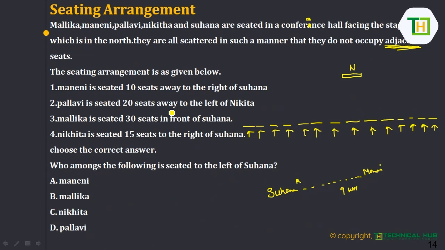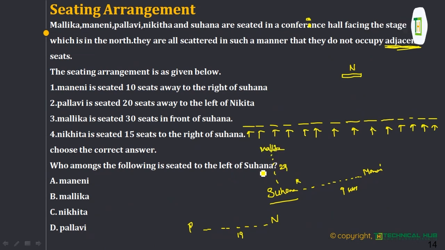Pallavi is seated 20 seats away to the left of Nikita. So here, if it is Nikita here, to the left of Nikita, 20 seats away, Pallavi is there. There may be 19 seats in between them. Mallika is seated 30 seats in front of Suhana. So Suhana is seated here and Mallika is seated 30 seats, that means 29 seats in between, and here it is Mallika.